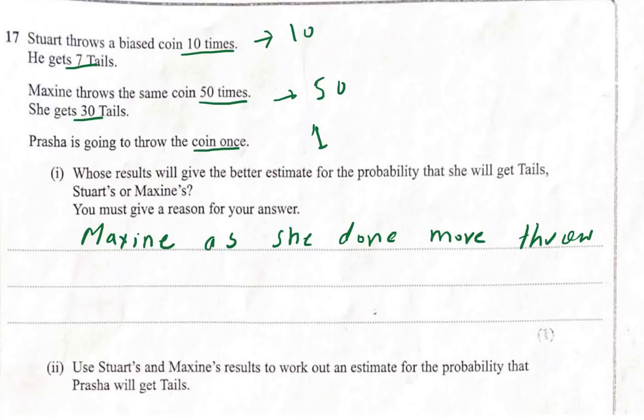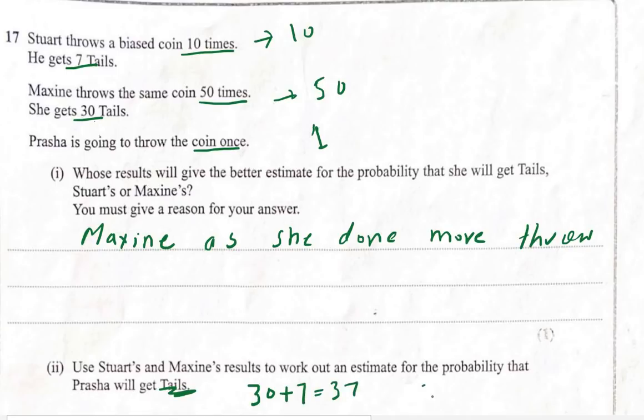Okay, second part. Use Stuart and Maxine's results to work out an estimate for the probability that Prasha will get tails. The probability is asking about the tails. How many tails did Stuart and Maxine get? 30 plus 7 is going to be 37.